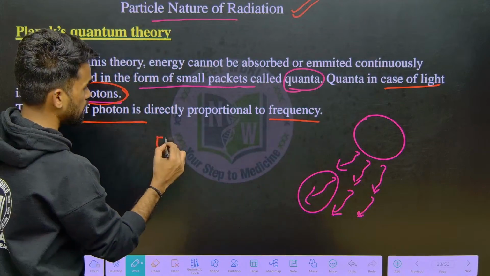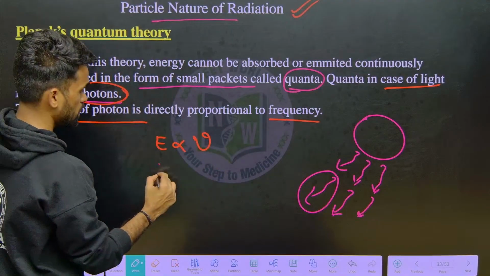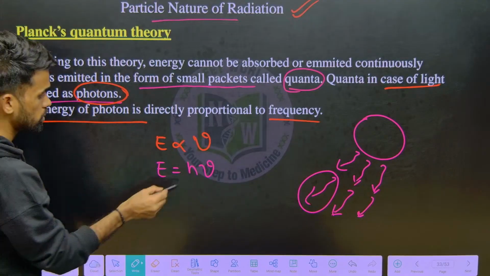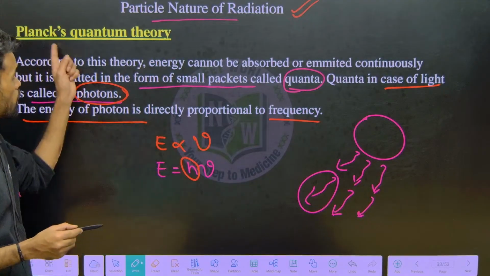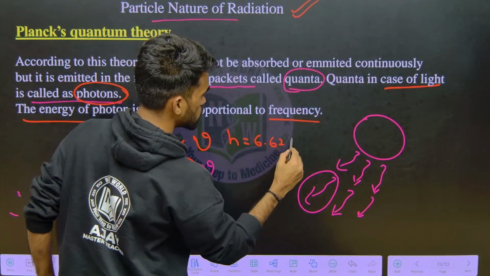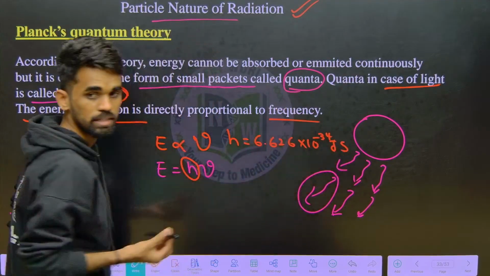So I can write E is proportional to frequency nu. From this, E equals h nu. So this h is Planck's constant. What is that? 6.626 into 10 power minus 34 joule second. You can take this.